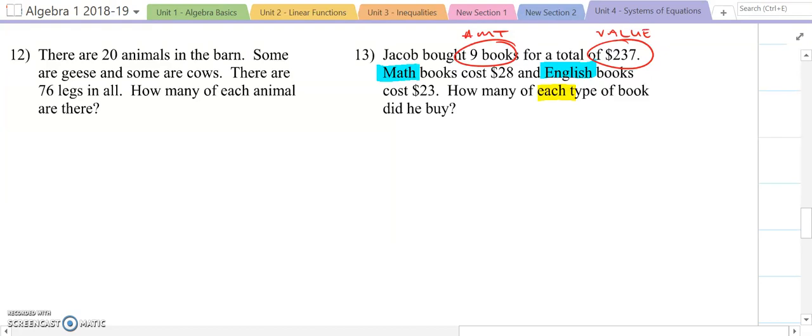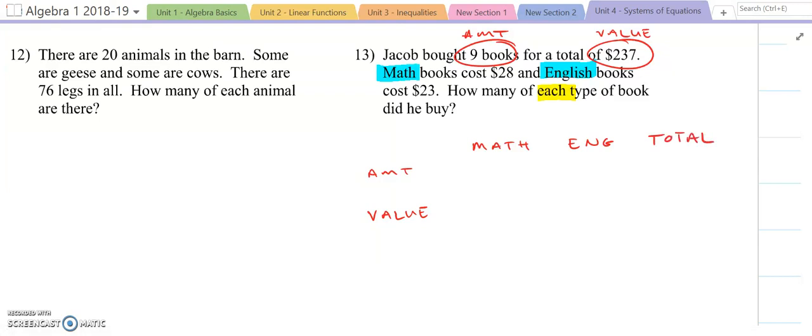Let's set it up. I should have an equation that talks about the amount versus the value. And I should have an equation that talks about math versus English and the totals. Because of this information, it actually starts to look a whole lot more like number 11 and number 12.